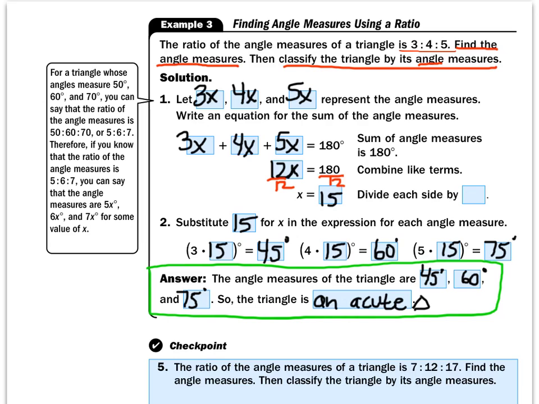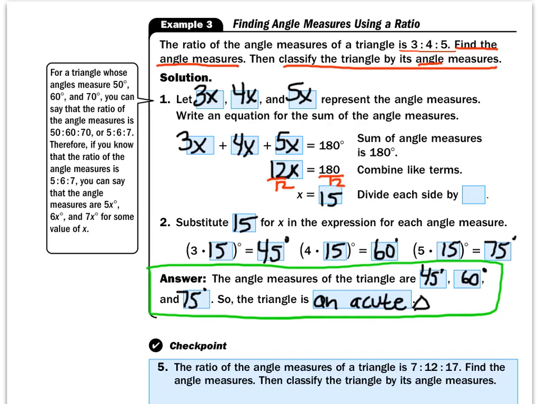For angles, 3x plus 4x plus 5x has to equal the total of all three angles, which is always 180 degrees for a triangle. Combine like terms, that would be 12x equals 180. Get rid of the 12 by dividing both sides by 12, so x equals 15.